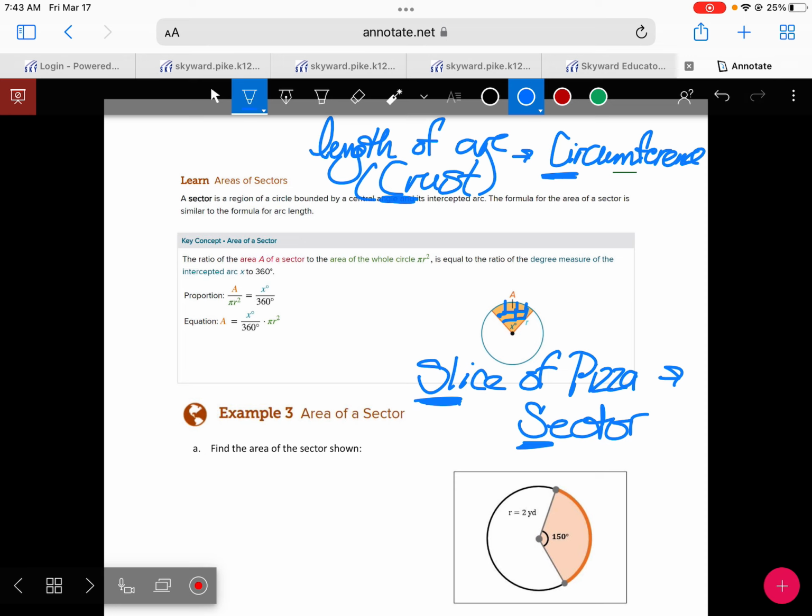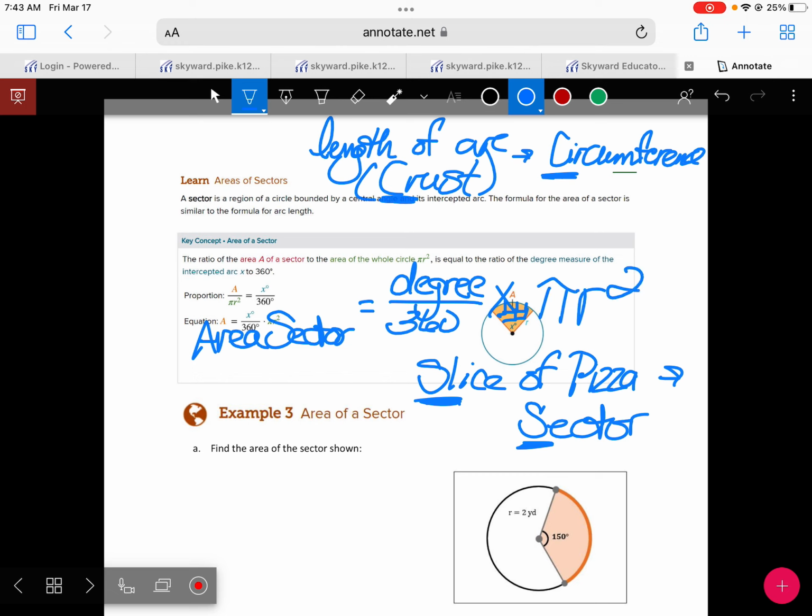So the area of a sector is the number of degrees of your arc, whatever that is, divided by 360, times, instead of circumference, because it's area, we're multiplying by pi r squared.